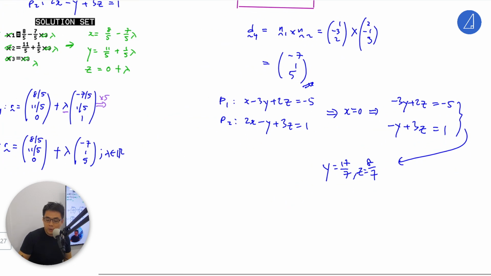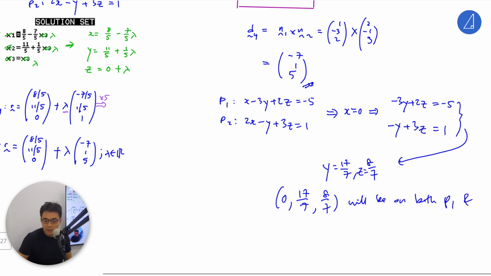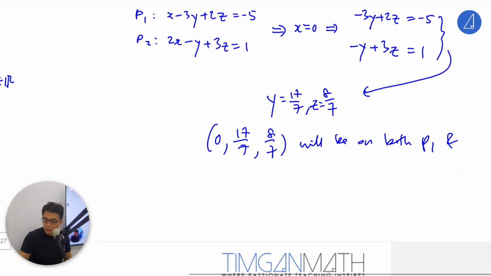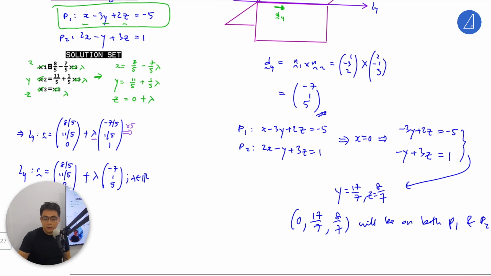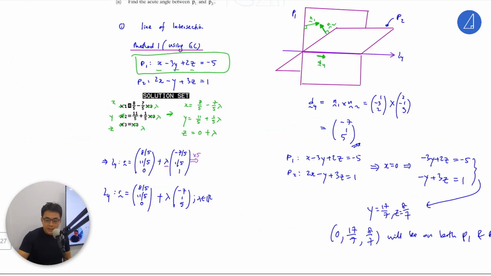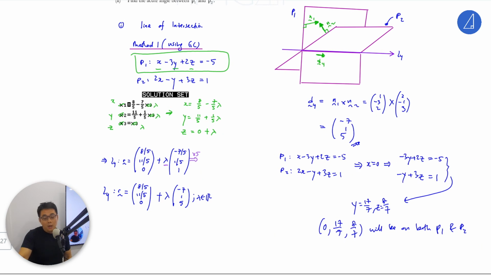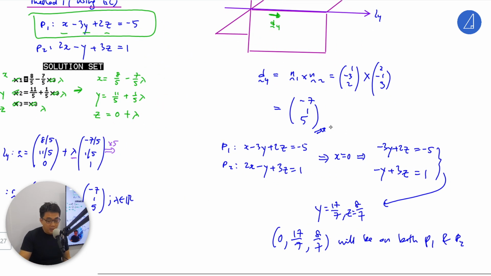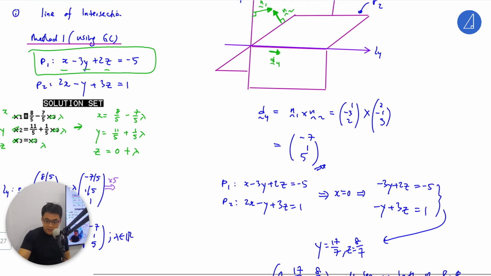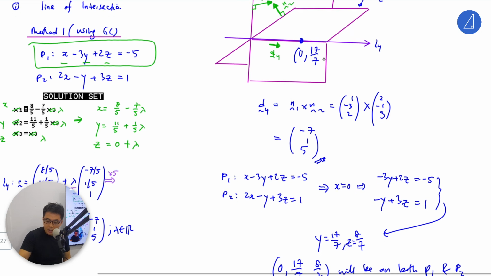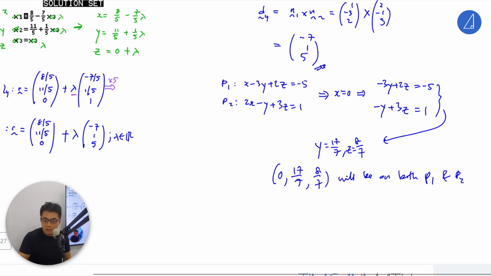So I know for sure (0, 17/7, 8/7) will be on both P1 and P2. That's how you find a point on both planes. Because to find the line equation, you need a direction and a point. So the point here is (0, 17/7, 8/7). This is one possible point.